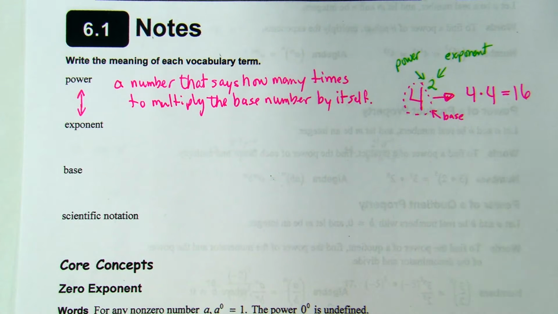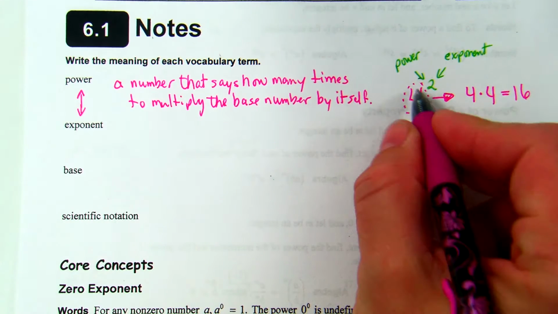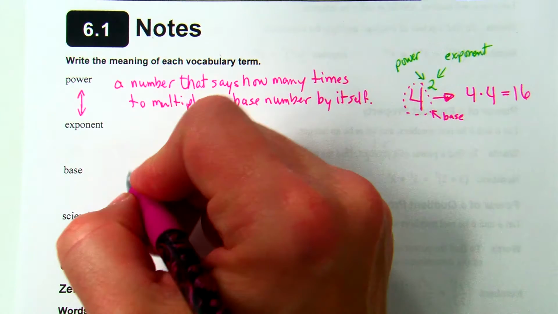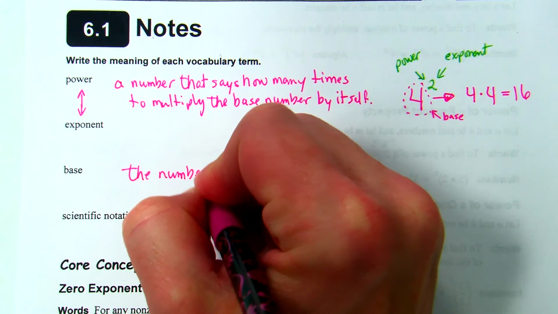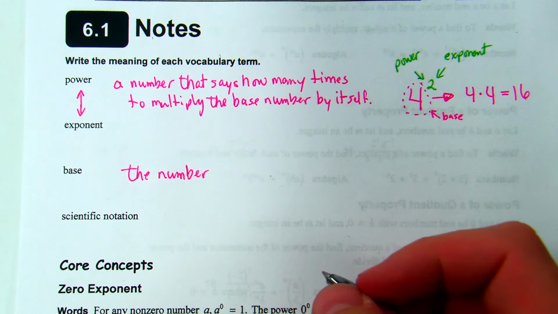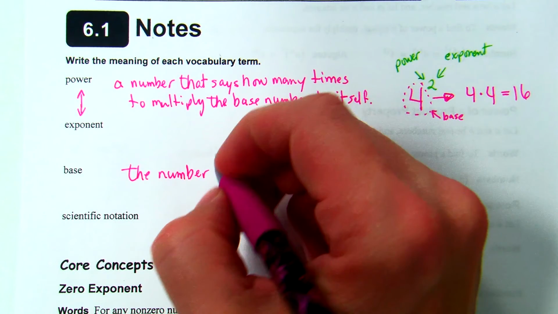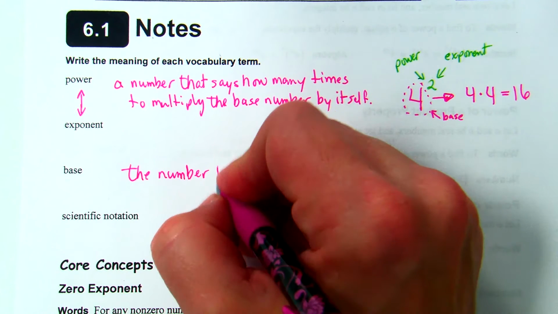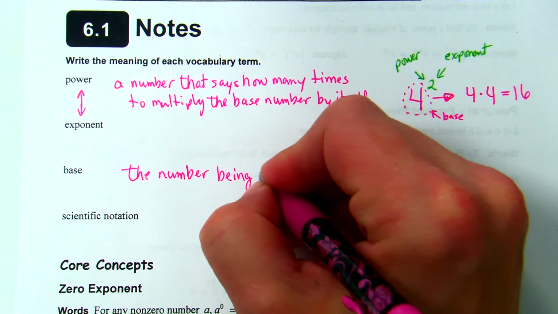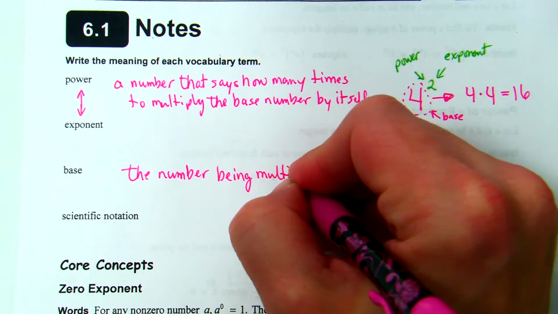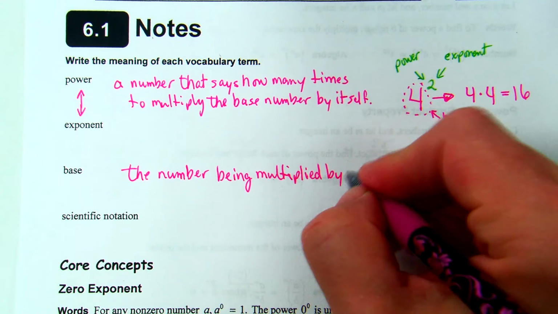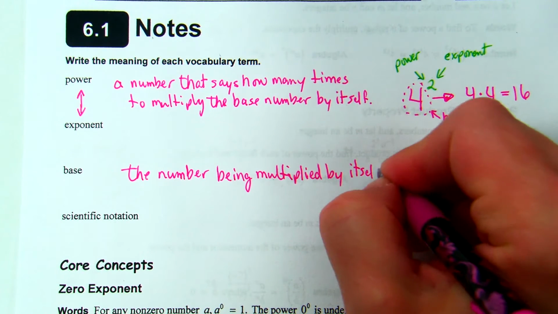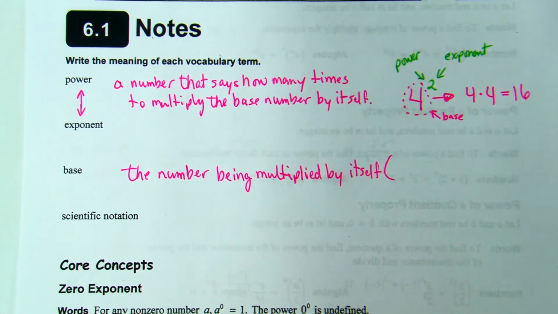The base, we've already kind of discussed it here. We've shown you an example. The base is the number, again in Coach Williams' version of the dictionary here, there's a number being multiplied by itself, and then how many times?